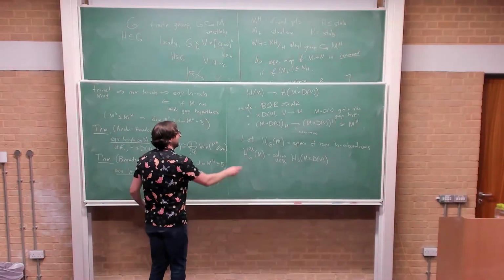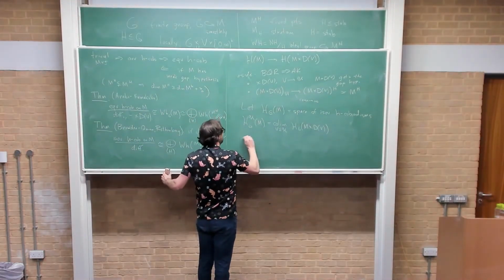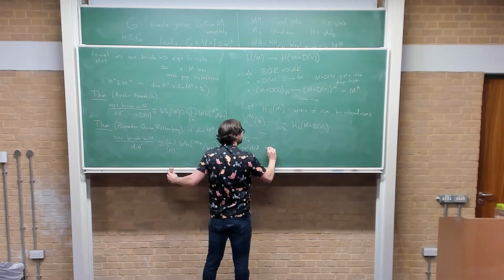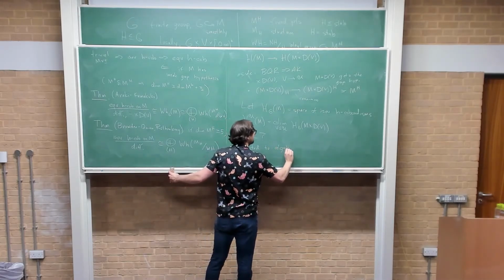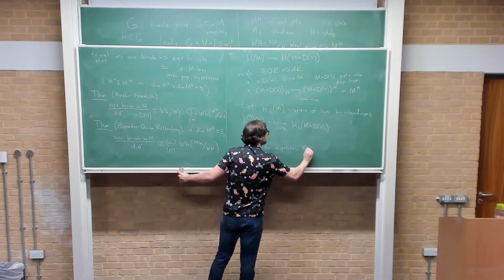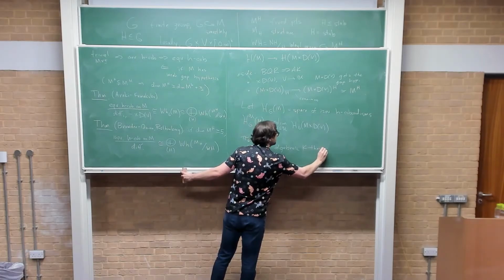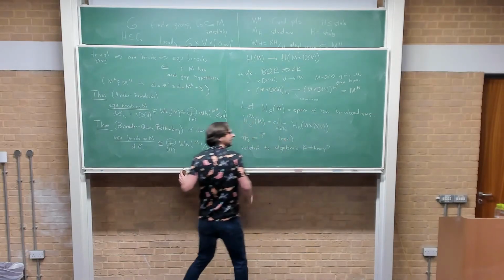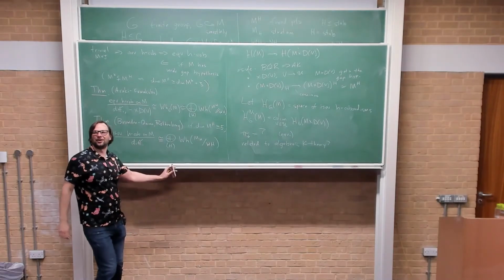Okay. And so our goal is to understand this. So what are the homotopy groups? And is this related to algebraic K-theory? Is it related to an equivariant form of algebraic K-theory, like in the Waldhausen-Jahn-Rognes theorem?